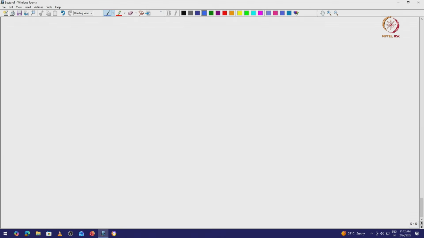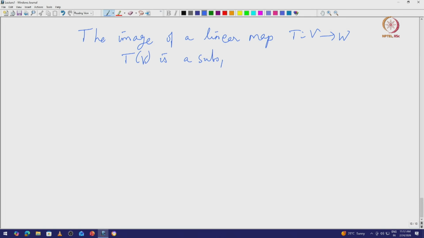Again, the image of a linear map T from V to W, the image is T of V, is a subspace of W. This is crucial. Why is it a subspace of W? Well, what is a subspace?